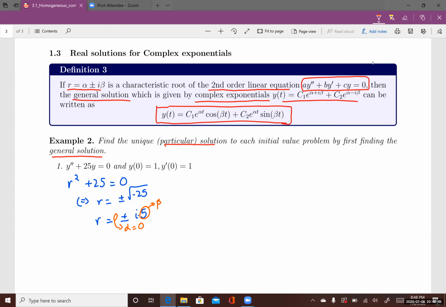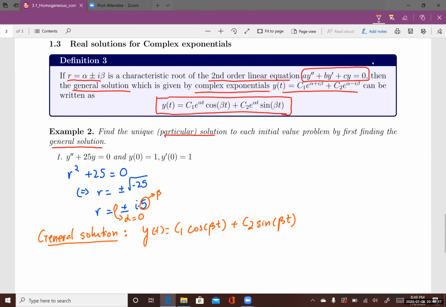The general solution is y of t equals c1 e to the alpha t, where alpha is 0, so it's just 1, times cosine beta t, plus c2 e to the alpha t, and again alpha is 0, so it's just c2 sine of beta t. Okay, so I found my general solution.